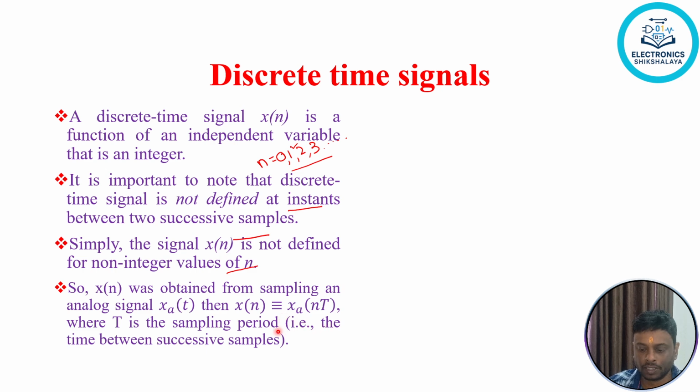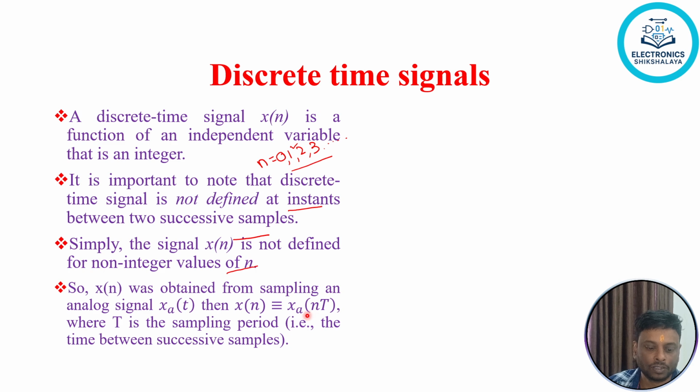So x of n is the discrete time signal, and what we are doing is taking the samples of the analog signal at every T seconds. That is the meaning of sampling. T is the sampling period, that is, the time between two successive samples.